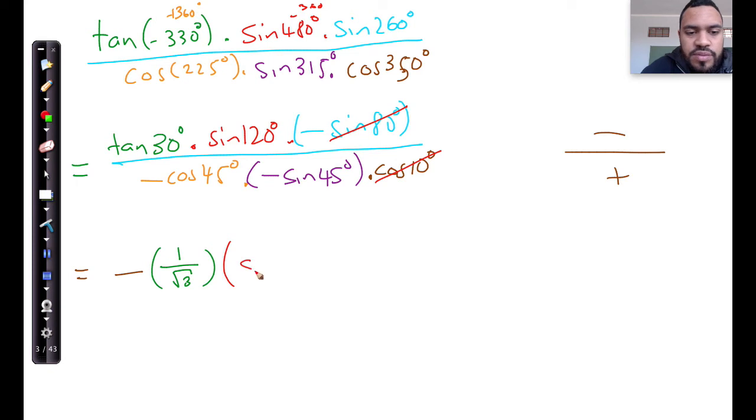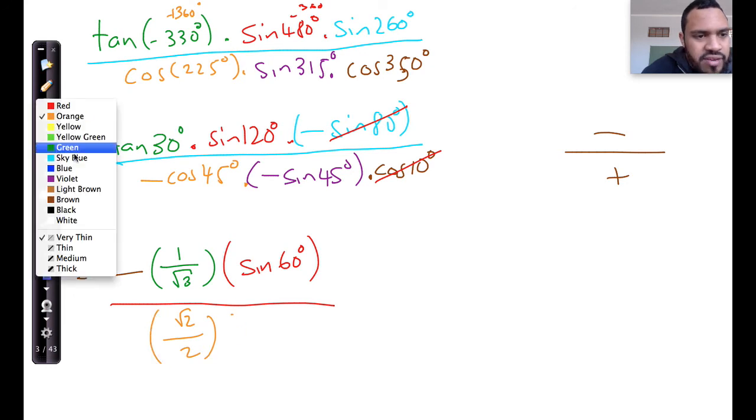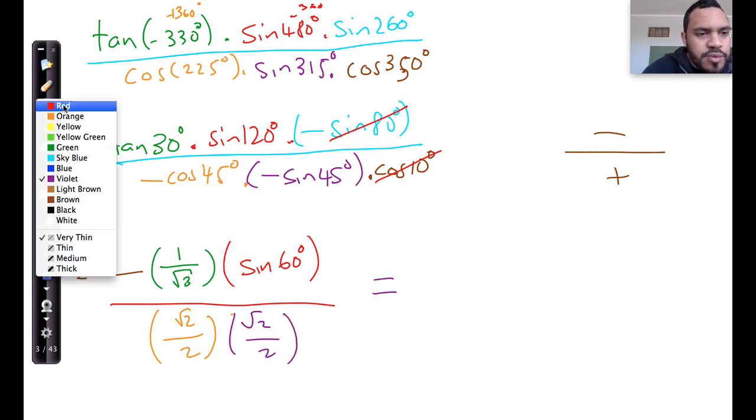So this is actually positive sine of 60 degrees, once you apply the reduction formula, divided by cos of 45 degrees, which is root 2 over 2. I'm not working with the negatives because I've accommodated them already. Then multiplied by sine of 45, which is also root 2 over 2.